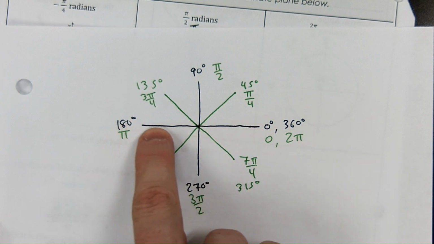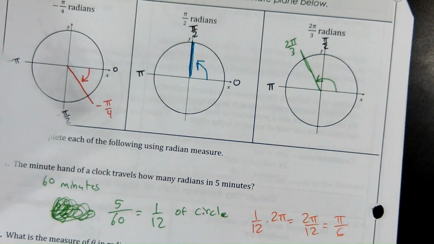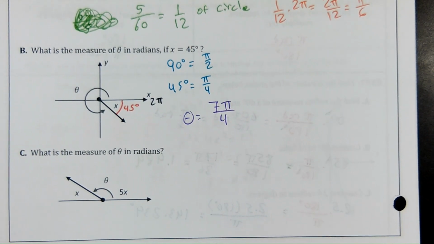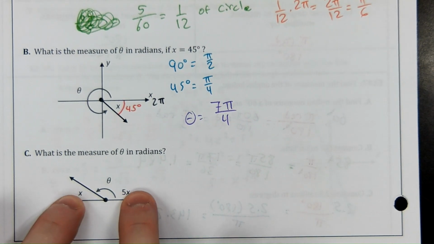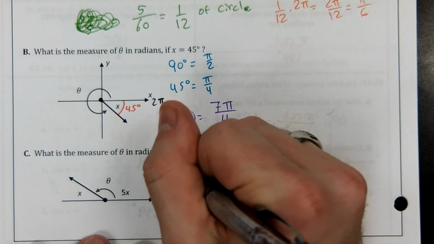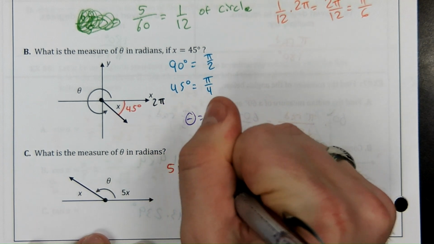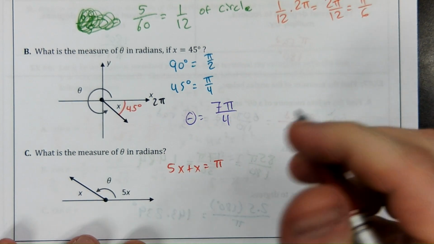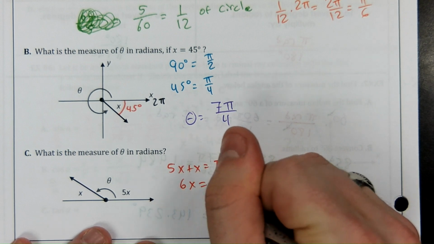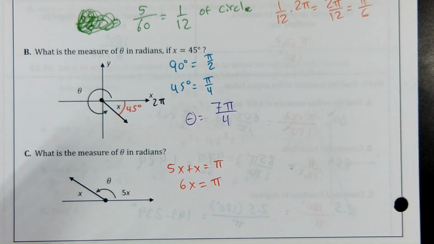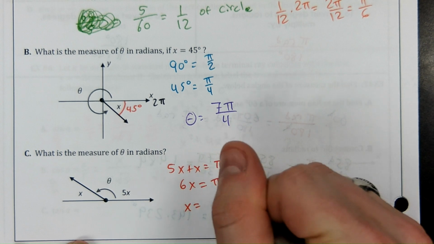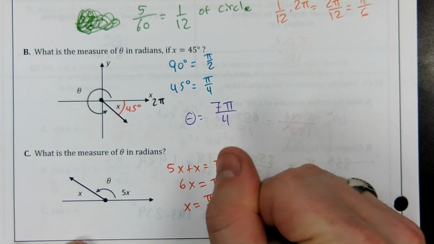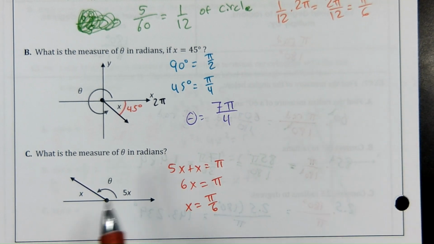So 180 degrees is pi radians. That tells me these two angles add up to pi radians. 5x plus x equals pi. This gets me 6x equals pi. I'll just divide both sides by 6, and I find out that x has a size of pi over 6. Theta is 5 times that.